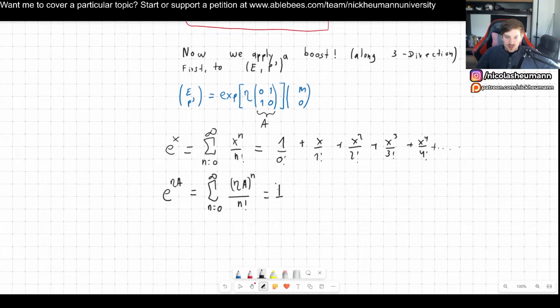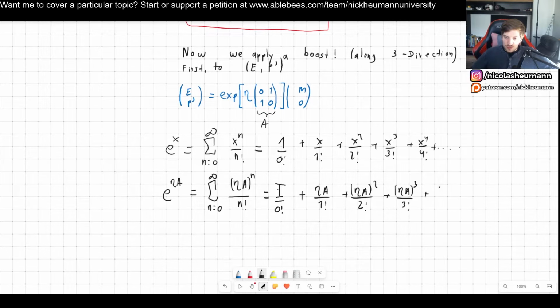So this would be just the identity in our current dimensions divided by 0 factorial plus eta A divided by 1 factorial plus eta A squared divided by 2 factorial plus eta A cubed divided by 3 factorial.